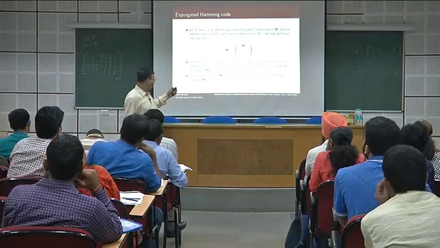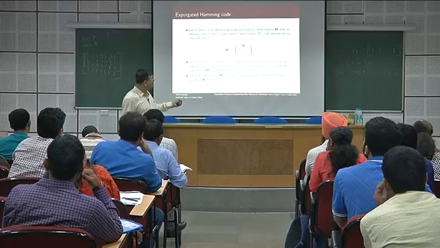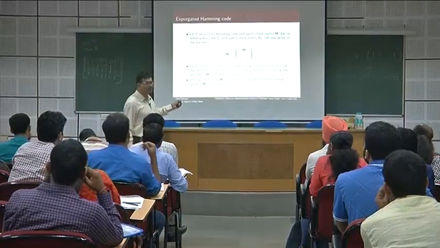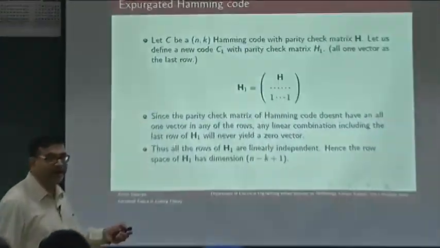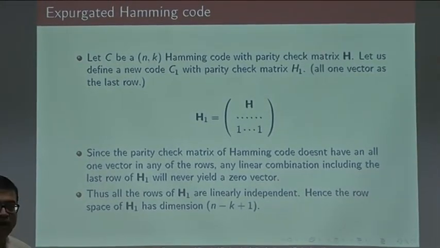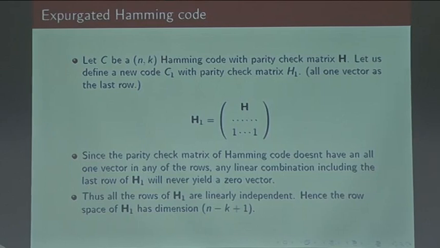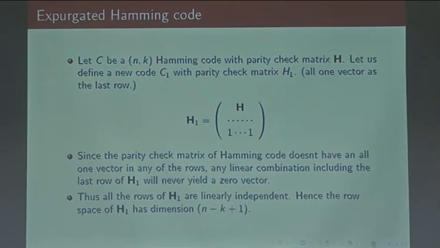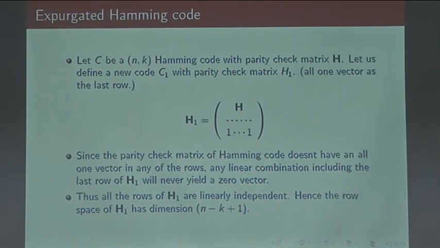I said that if the H matrix has a minimum distance which is odd, then H1 will have minimum distance which is 1 more than the minimum distance of H. That is what I am saying.